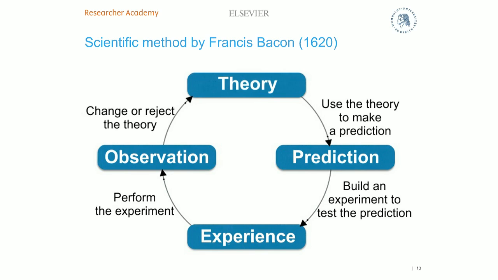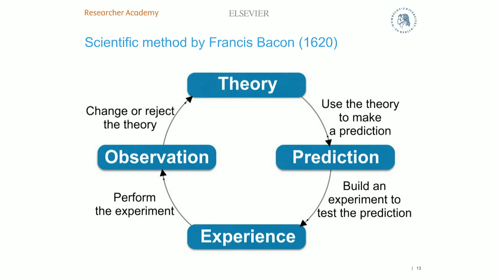So you build something, which is in this case a theory or a hypothesis, and you make predictions in this about the reality of nature, for example, and then you're going to test it. You're going to make experiments.